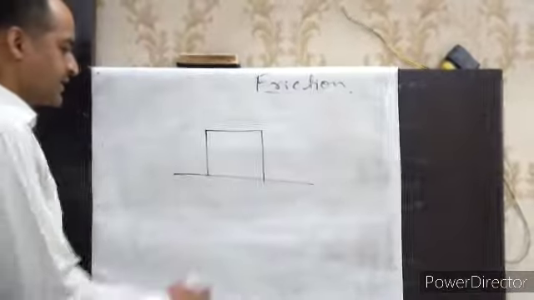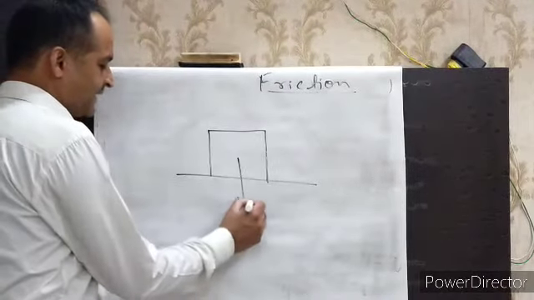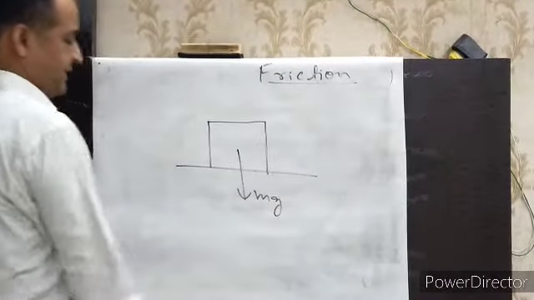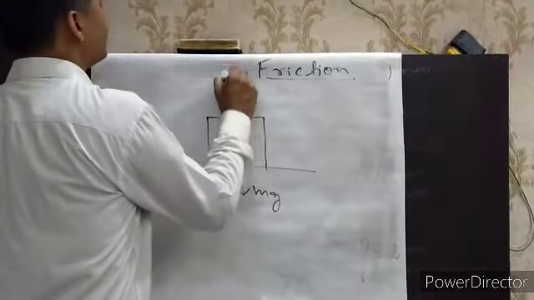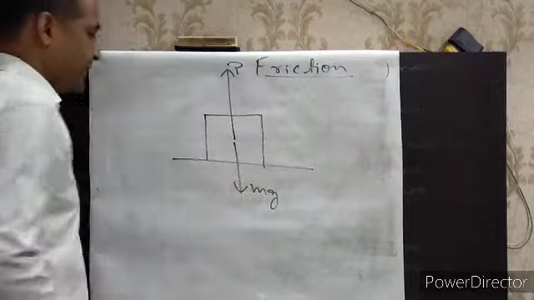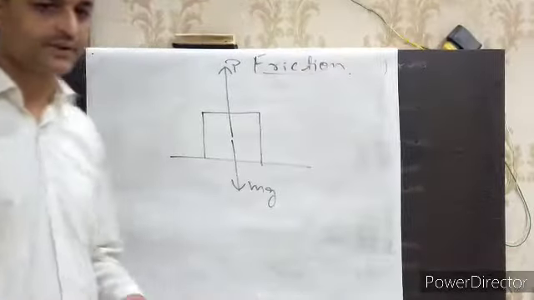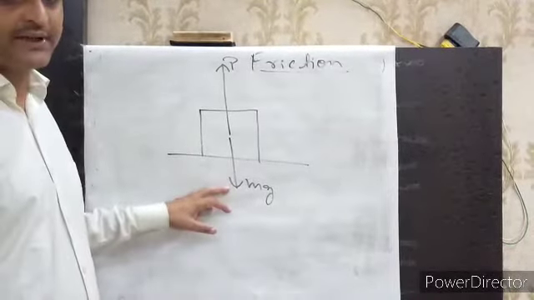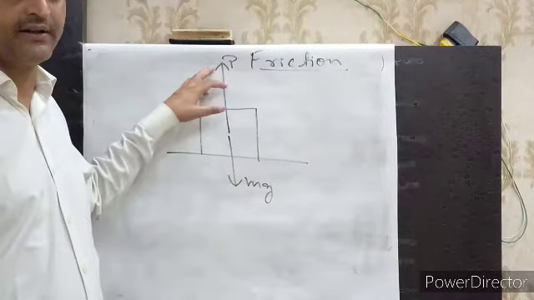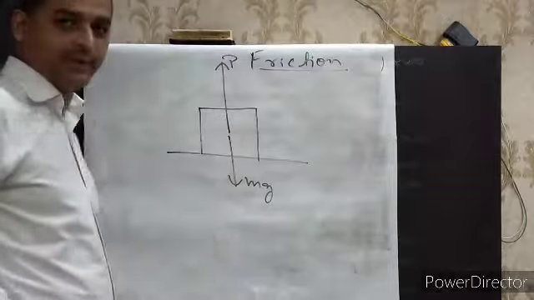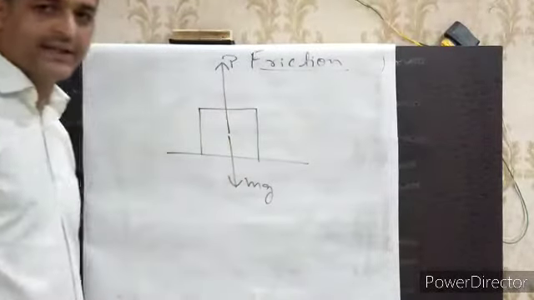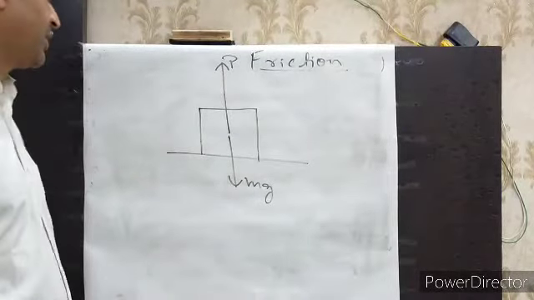The first force is the weight of the object in the downward direction, mg, and the second is the normal reaction in the upward direction, P. Clear? This is the weight of the object, this is the normal reaction. The system is in equilibrium, the body is not moving.